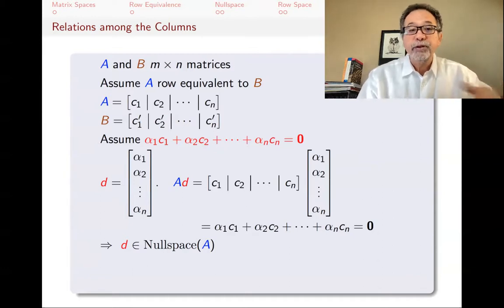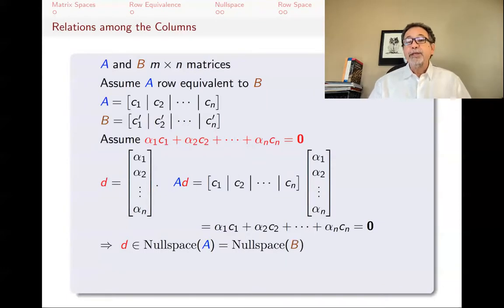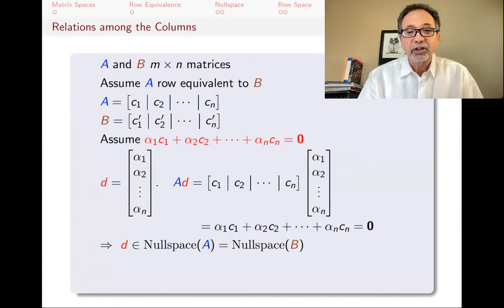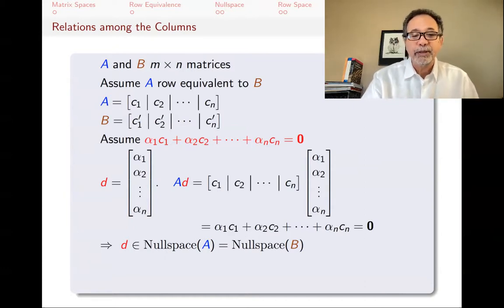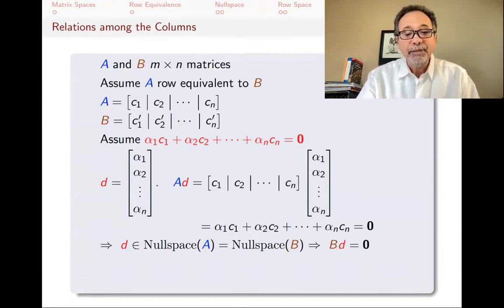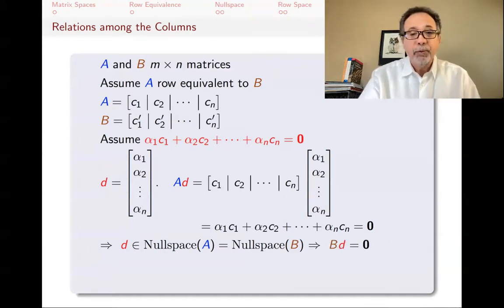Well, we just proved earlier that the null space of A is the same as the null space of B because they're row equivalent. And so we're bootstrapping our knowledge about null space to prove something about column space. So D is also in the null space of B. That means that B times D is 0. But what's B times D?